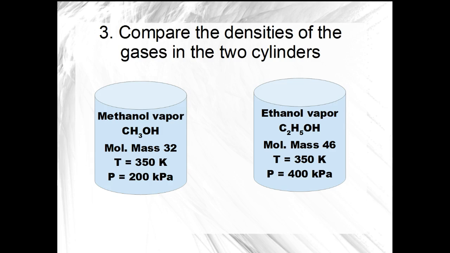We double it to begin with. And then we're going to increase that density by the factor 46 divided by 32, because that's the relative molecular mass ratio. Hopefully these will give you an opportunity to think about how to solve these problems and then do even better on the next test.